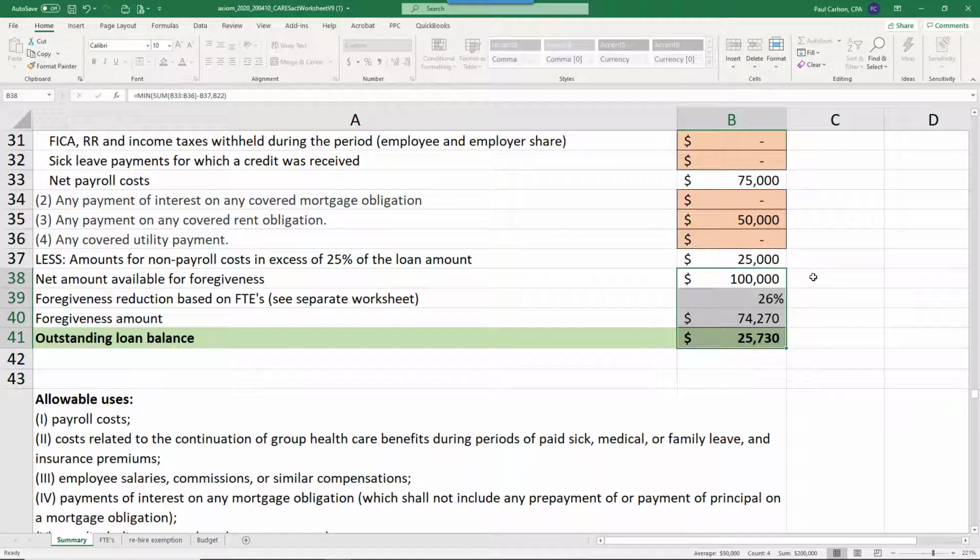And the other thing to note is there's no requirement that says you employed an associate attorney last year to count as a full-time equivalent, or that the replacement full-time equivalent has to be an associate attorney.